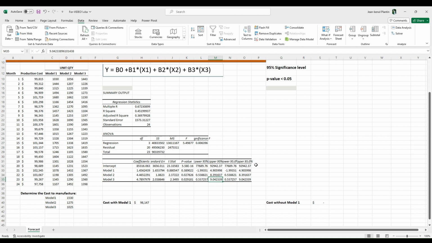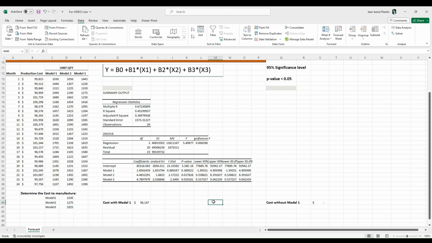Now we're going to use all three coefficients in order to calculate the cost, to see what it's going to cost the company. We already have the result: beta 0, which is this one, plus beta 1 times 1530, beta 2 times 1275, beta 3 times 1025.